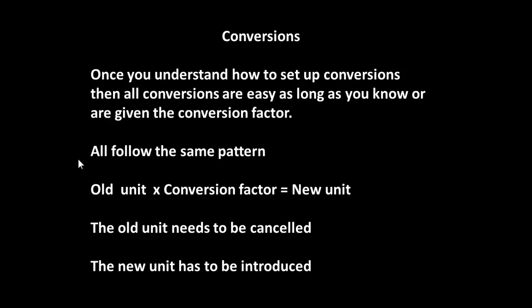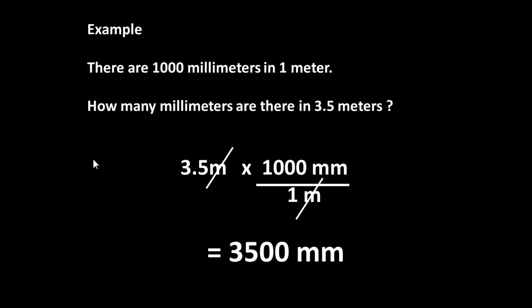Conversions. If you can understand how to set up a conversion, then it's fairly easy to work out the conversion as long as you know the factor. So all of them are going to follow one pattern. The old unit times the conversion factor is the new unit. So the old unit has to be cancelled out so that you can introduce the new unit. Well, what do we mean by that?